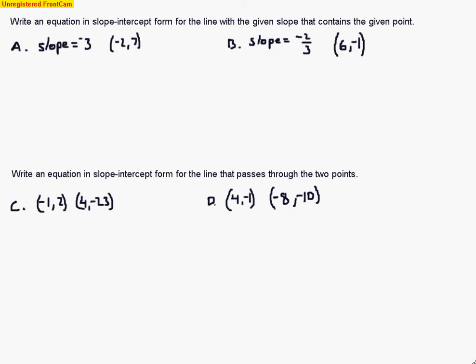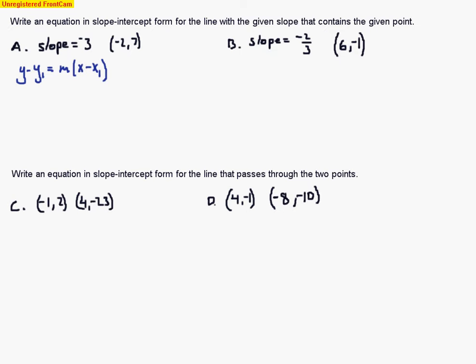The third part of today's lesson deals with a review topic. We're going to write some equations in slope-intercept form for a line with a given slope that contains a given point. So the formula that we're going to end up using is that point-slope formula. Remember, it goes y minus y1 equals the slope multiplied by the difference of the two x values, x minus x1.